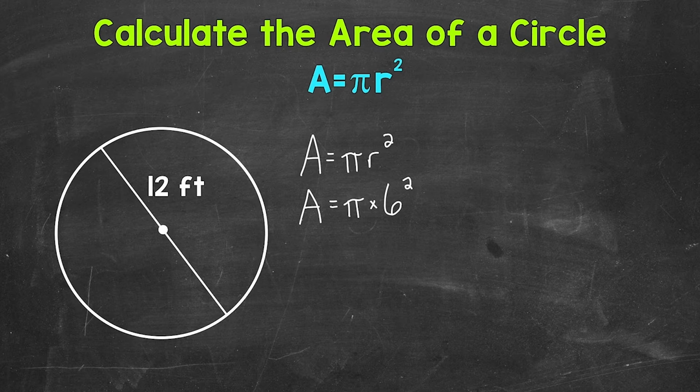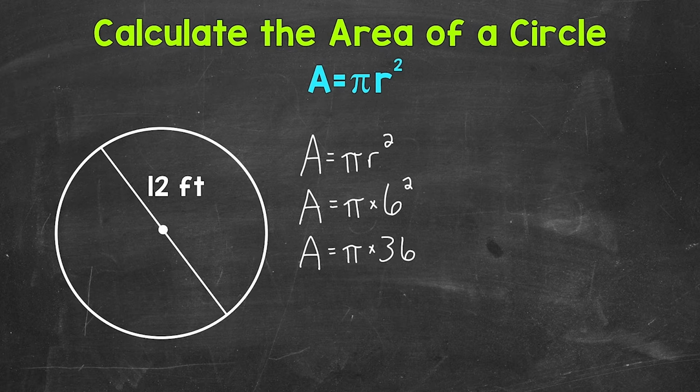Now 6 squared means 6 times 6, not 6 times 2. When we square a number, we multiply that number by itself. So 6 squared gives us 6 times 6, which equals 36. So we end up with pi times 36. Now remember, just like in our first example, one way to write our area is to write it in terms of pi.